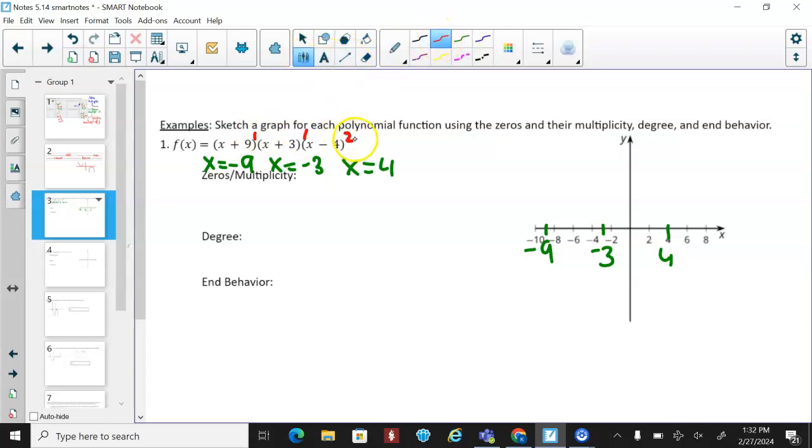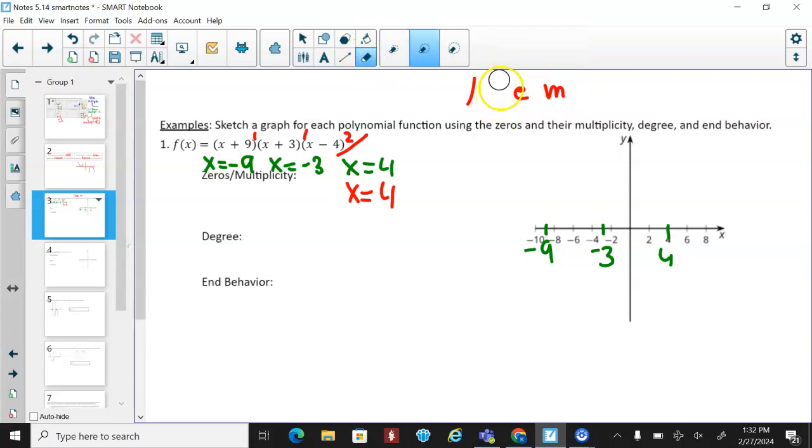That means that there is one of the zeros at -9, one of the zeros at -3, but there are 2 of the zeros at 4. So now let me see if I can graph it. Remember that slice represented a multiplicity of 1. So slice was multiplicity of 1.